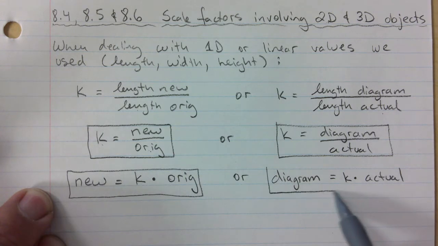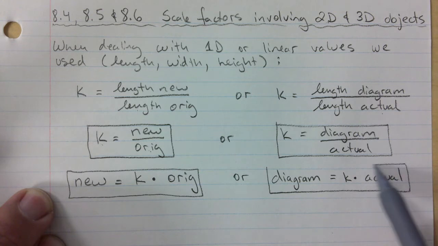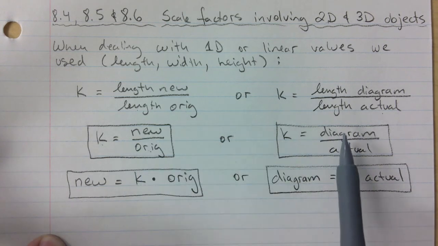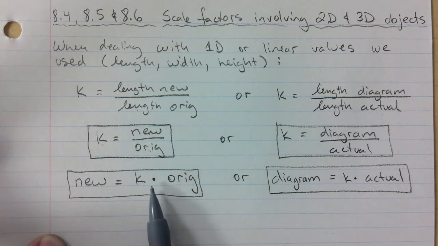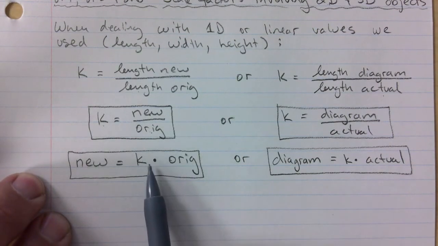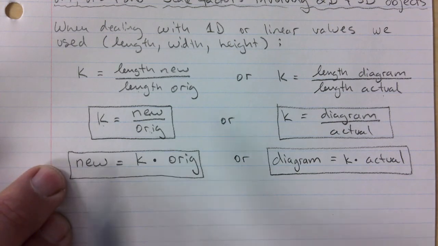And if you're wondering, oh my goodness, which formula should I have on my study sheet? I would say for sure these two. This is just a derivative of this one. I'm just cross multiplying and dividing and you get this essentially from that.